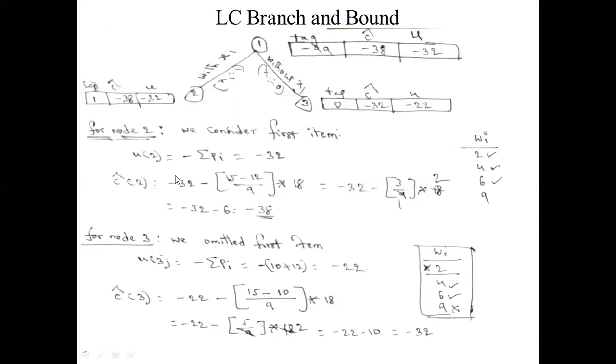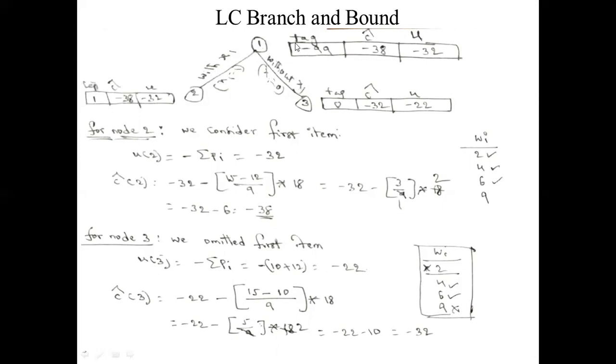For the cost, it is the same: the remaining element weight into the remaining element profit, just involve these items in the equation. So minus 38, the same as the first node. So minus 38 and minus 32. But the tag is different, because here we selected the first element. The tag represents whether you selected the element or not. So that is node 2 information.